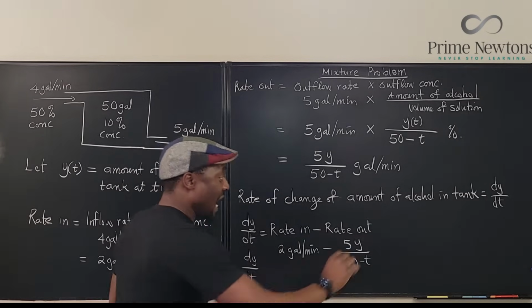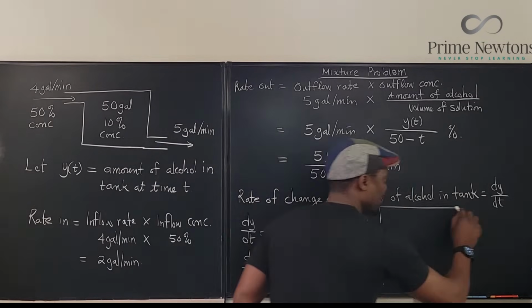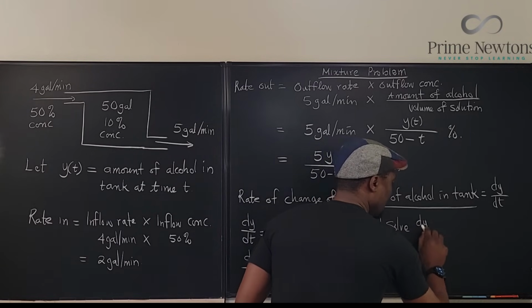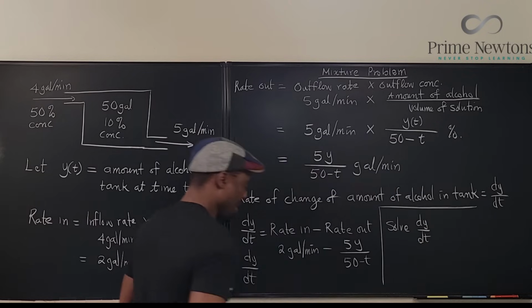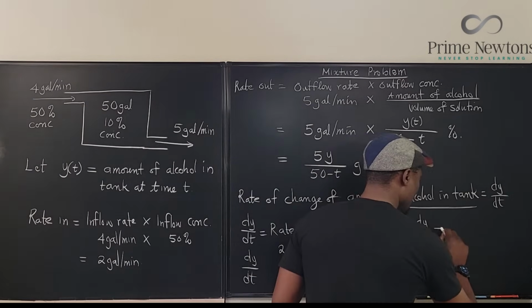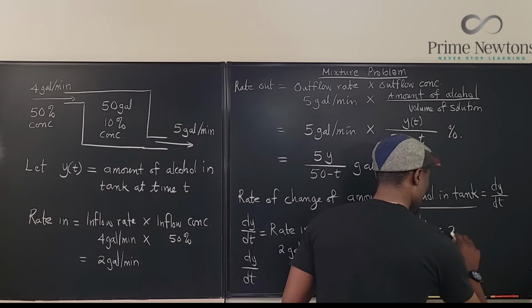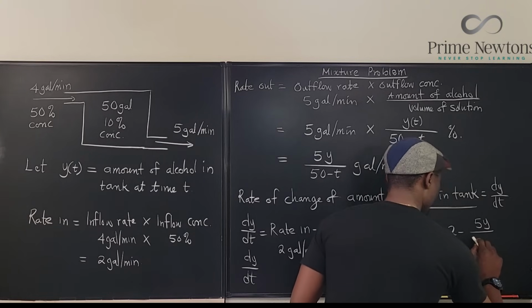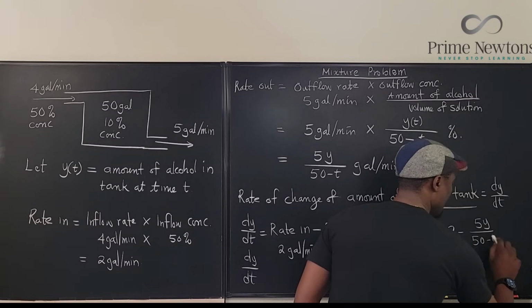So this is the mission: solve dy/dt equals 2 minus 5y over 50 minus t.